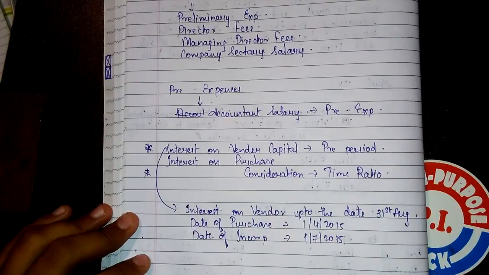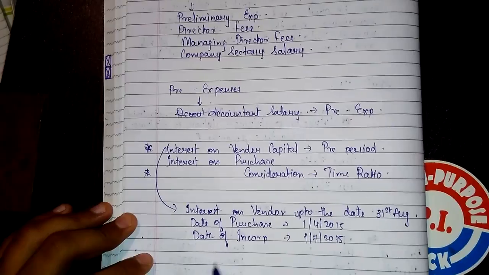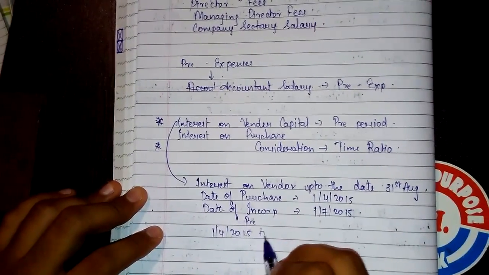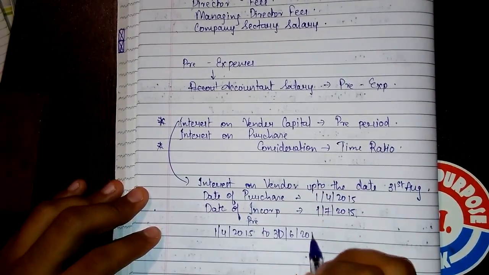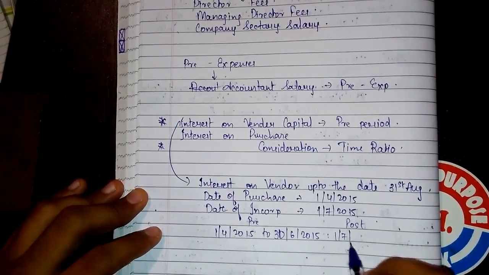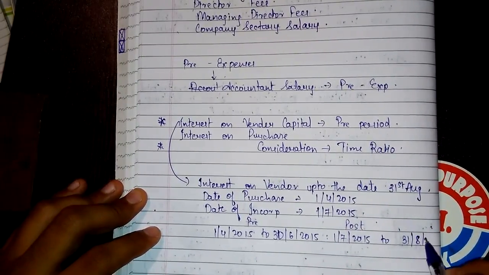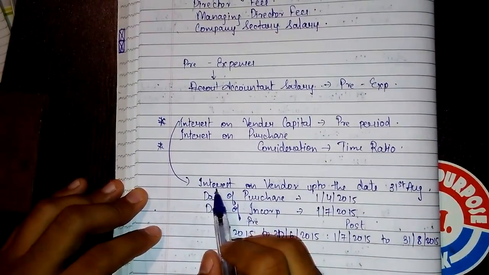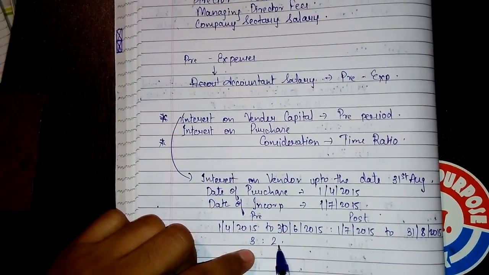See, interest on vendor capital is up to 31 August. So 1/4/2015 to 30/6/2015 will become the pre period, and the post period will be 1/7/2015 to 31st August 2015. That means 3:2. So the entire interest on vendor capital will be bifurcated in this ratio, 3:2.